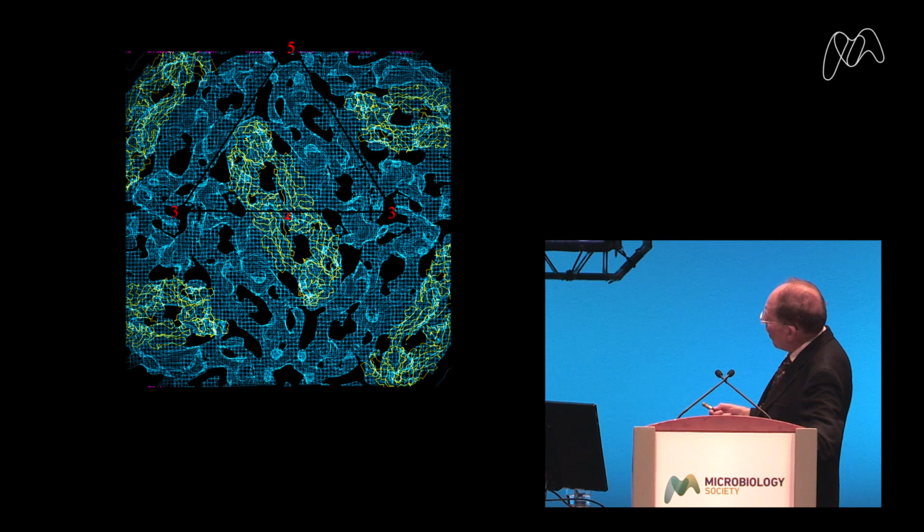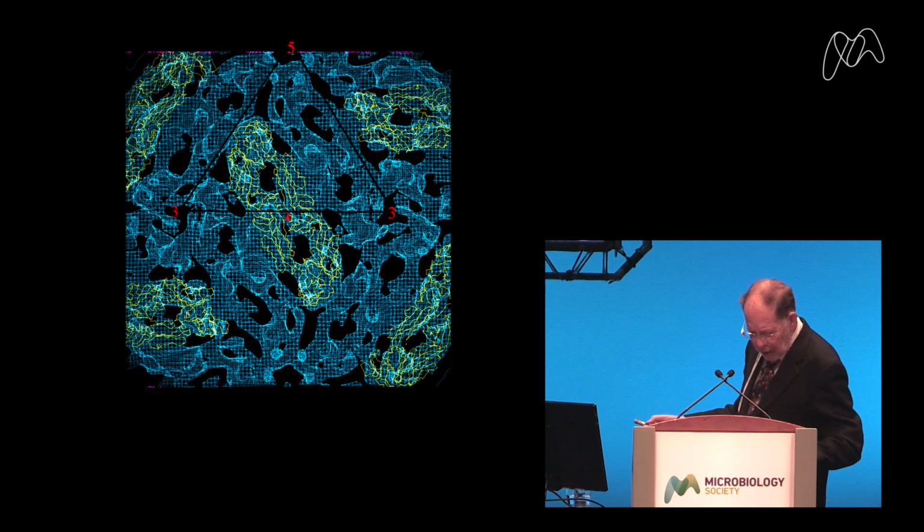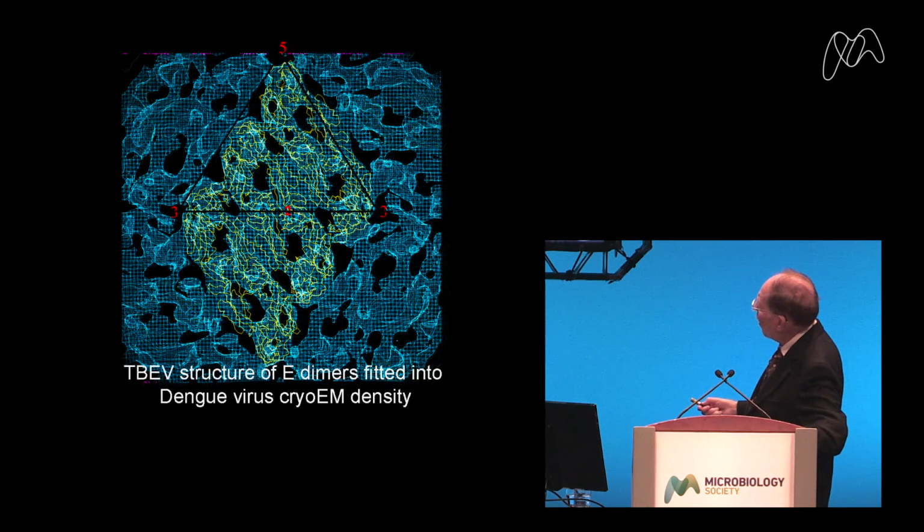The dimer has a two-fold axis. I placed that on the icosahedral two-fold axis and then rotated it around in all possible directions, slipped it up and down the two-fold axis until it fitted. I did this by computer and showed that this was the best fit. Now, you can see some part of the density is still uninterpreted. You can probably guess what this is, and here it is fitted. So now we have the total structure.